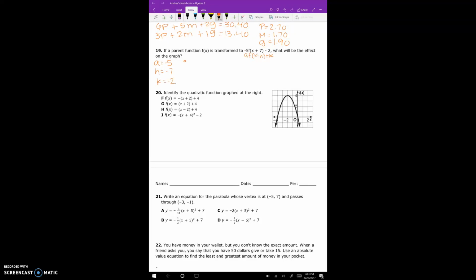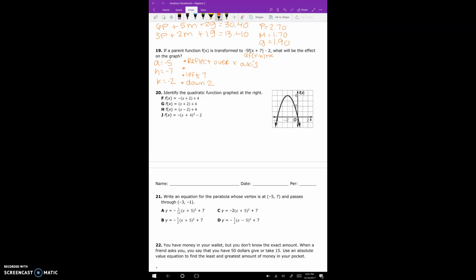So if A is negative, that's a reflection over the x-axis. So I have a reflection over the x-axis. I also have H is -7, so that's going to move my graph to the left 7. And then -2 for K means I'm going to move down 2.